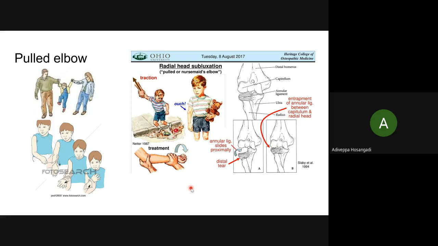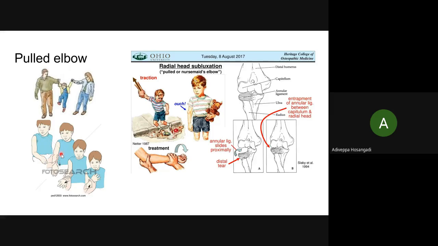So it is a very simple entity, subluxation of the radial head, also called a pulled elbow. The forearm is held in pronation. So what is the treatment? You can see here how the child comes. This child looks older, but generally it is less than 2 years. They come with the elbow flexed or extended, but the forearm pronated.